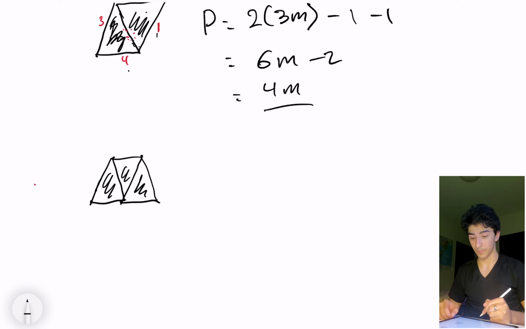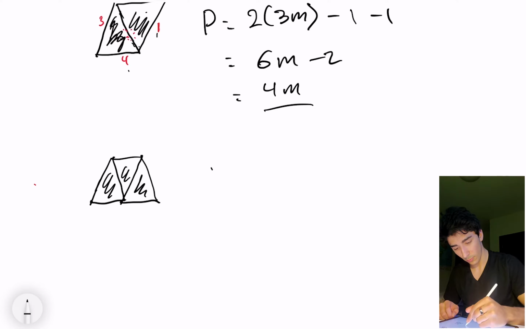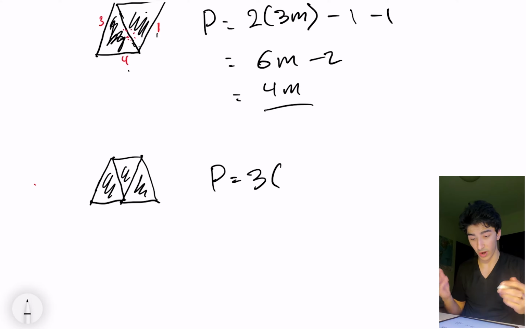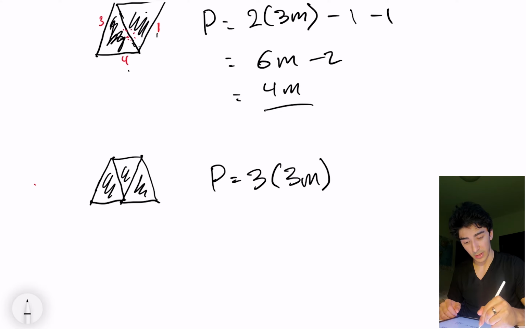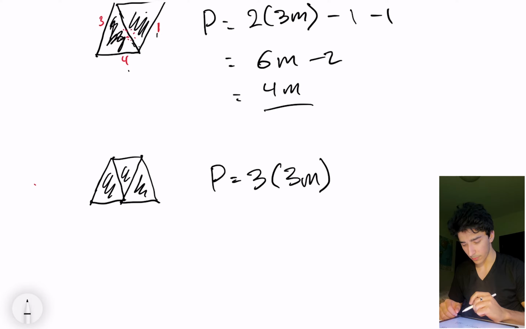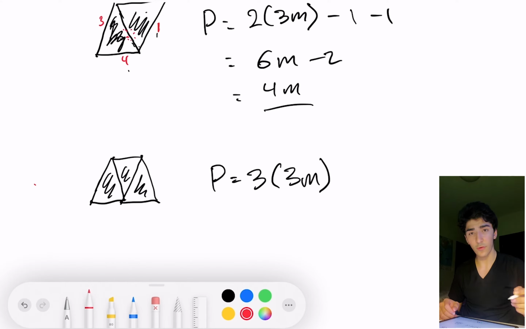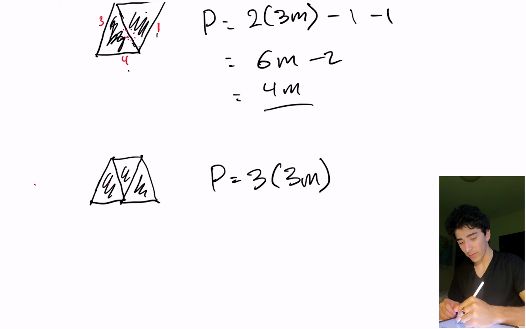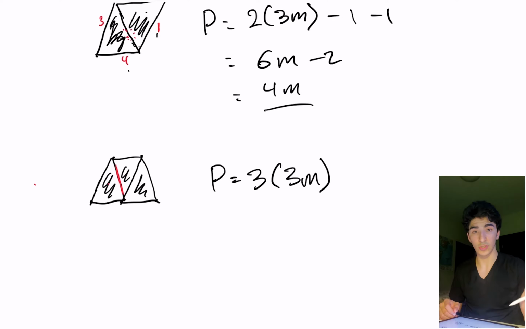What's the perimeter? Well, the perimeter is equal to 3 times, because it's 3 triangles, 3 wet triangles, 3 meters. However, this first triangle right here, one of its sides is touching another wet triangle, and so it doesn't need to be covered. So we can think of this as minus 1.